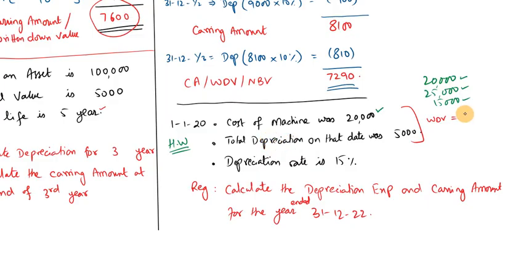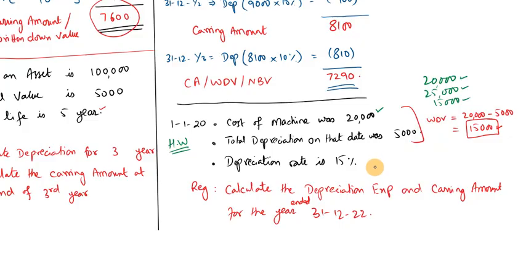Okay. So we have cost 20,000 and the depreciation already given on that day. So on that day, the asset is depreciated by 5,000. So we subtract 5,000 from 20,000. Here the asset on first Jan 20 has 15,000 as the written down value.